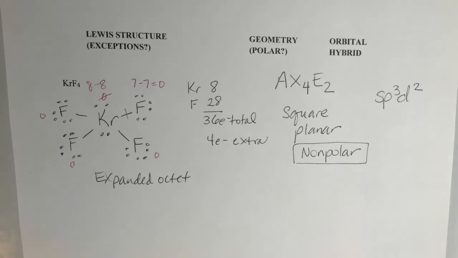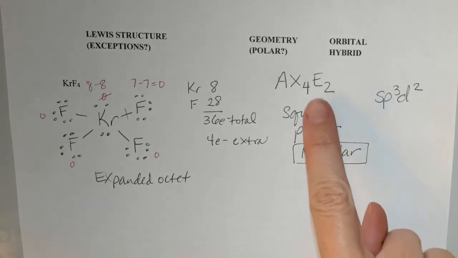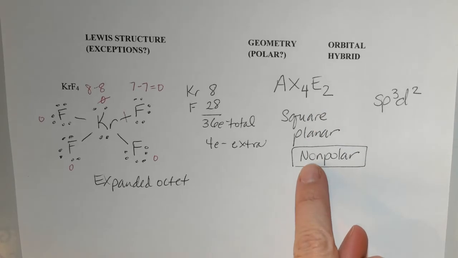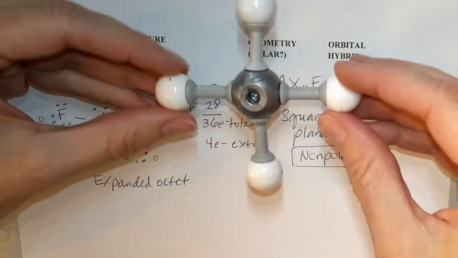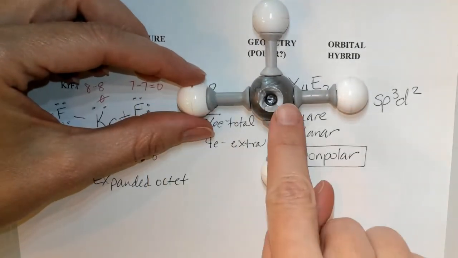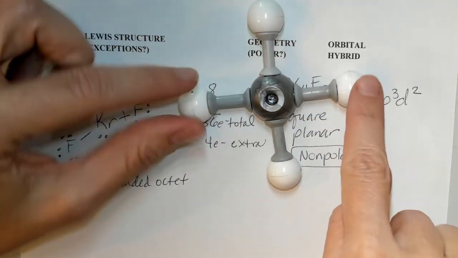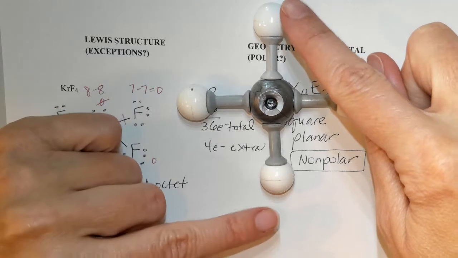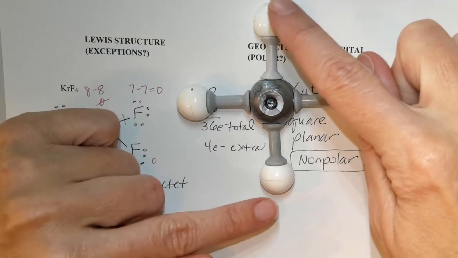And this is the other exception to when there is an E, a lone pair. It is possible for it to be nonpolar, like we saw with the linear AX2E3. If we look at this molecule, we've got an electron pull to the left and an electron pull to the right, 2 electronegative fluorines offset from each other. We have a pull up and a pull down, 2 electronegative fluorines offsetting one another.